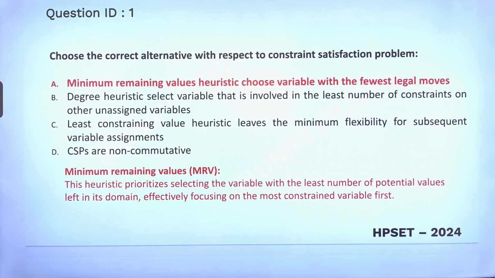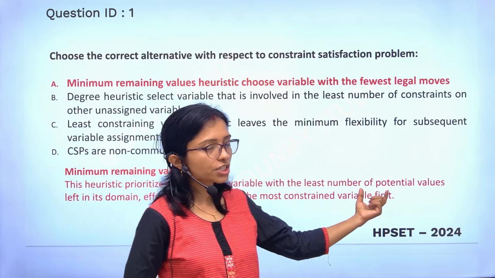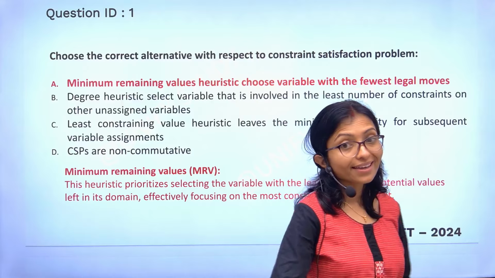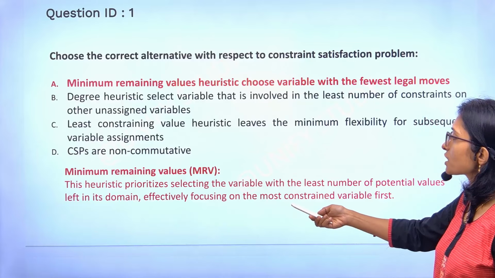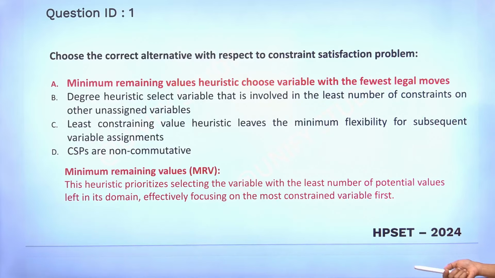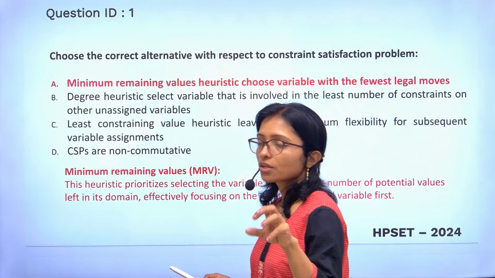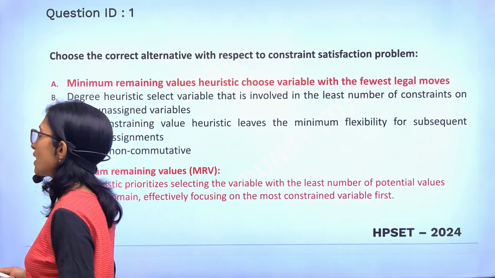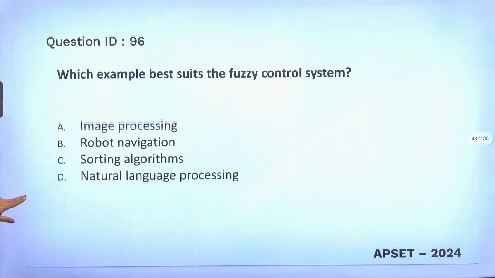The heuristic prioritizes selecting the variable with the least number of potential values left in its domain. How can I reach my goal early? So effectively it focuses on the most constrained variable first. Wherever constraints are more, I need to satisfy those, so that's why it is focusing on that. So option 1 is the correct answer.